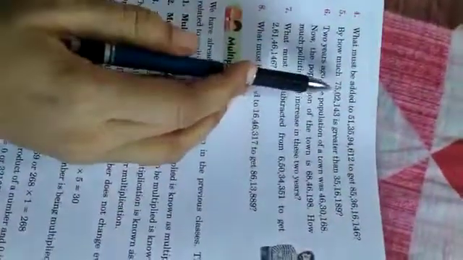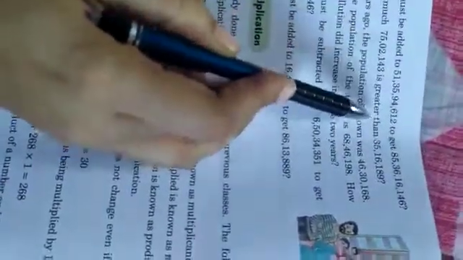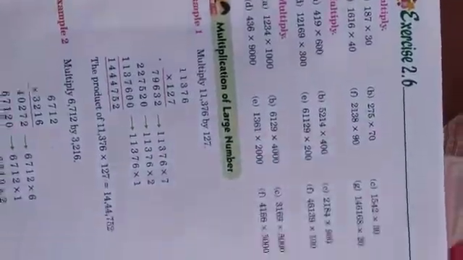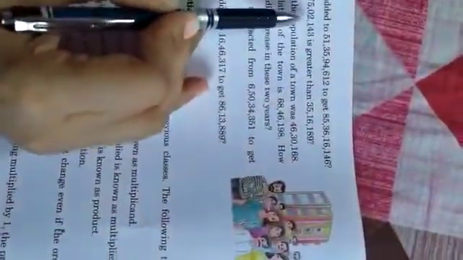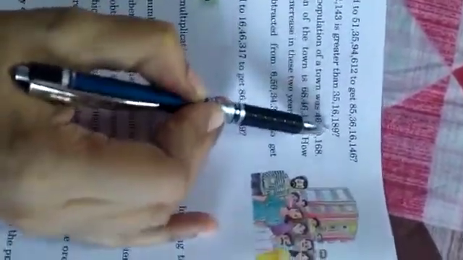Now question number 5. The question is: by how much is 75 lakh 2,143 greater than 35,16,189?